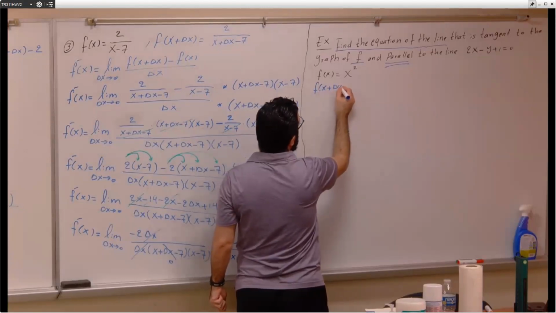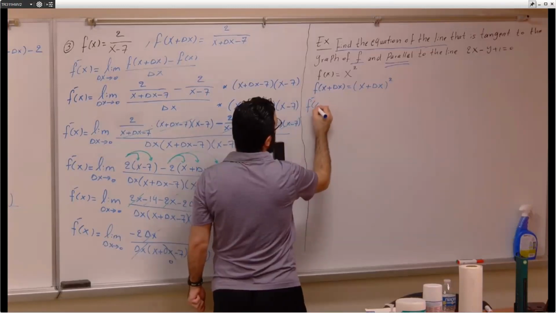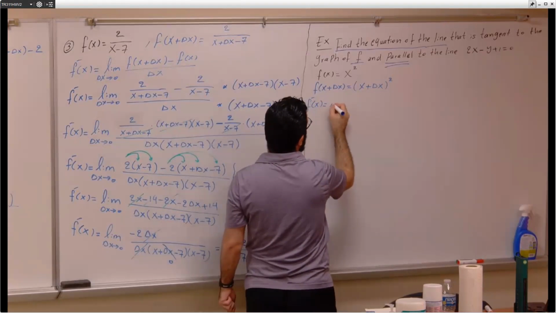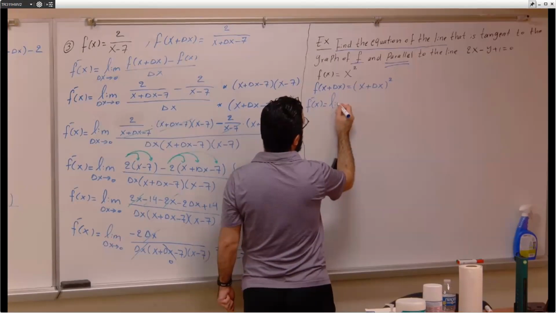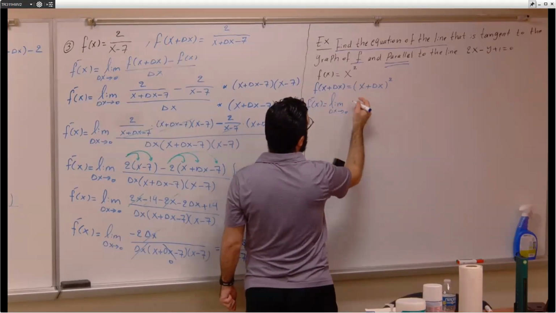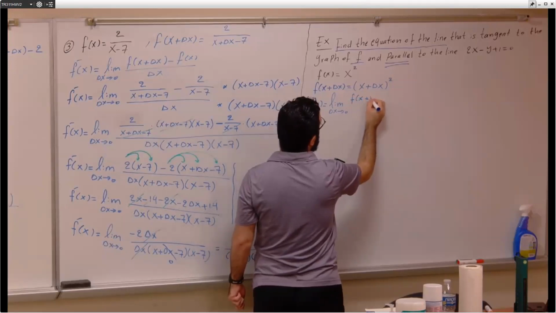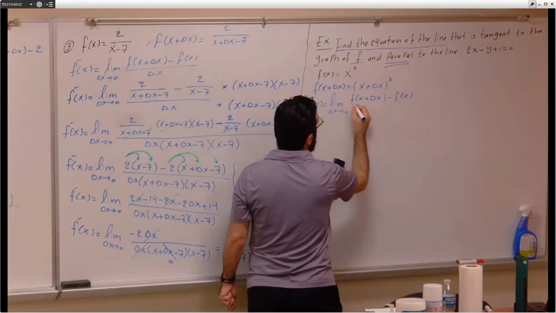So f of x plus delta x is going to be x plus delta x squared. I'm going to plug into the formula. The derivative, which is the slope, equals the limit as delta x approaches 0 of f of x plus delta x minus f of x, and everything divided by delta x.